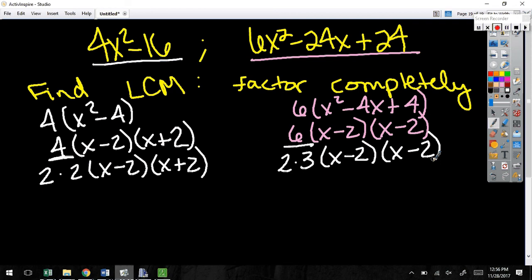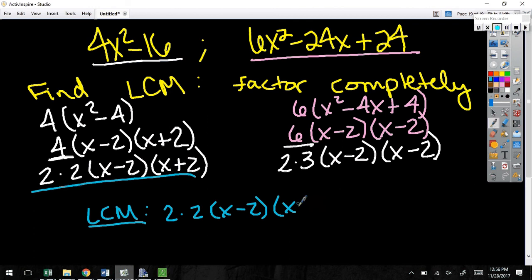Okay, so now my question is, looking at these, what is the least common multiple? Remember I told you to completely factor the first one. Everything in each one has to be included in the LCM. You just have to find what you need to add to it. So I've got 2 times 2 times (x minus 2) times (x plus 2).